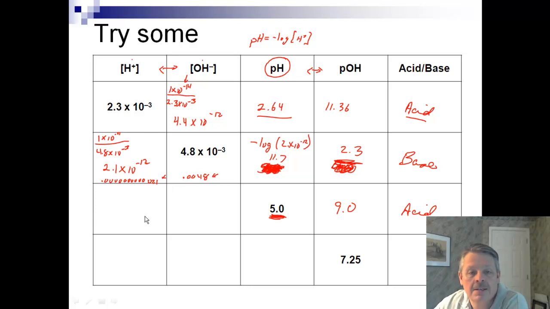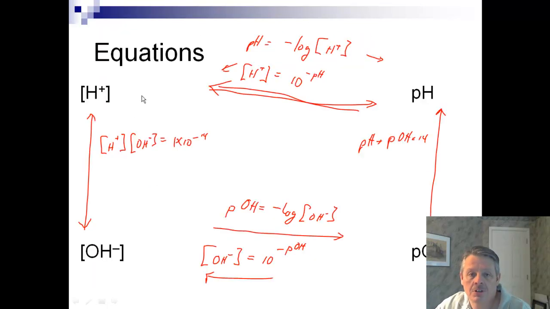Okay. Now, what do I have over here? Well, remember, I don't even have to work backwards. Now, if you were working backwards, then your concentration of H ions, let's go back a page, is 10 to the minus pH.